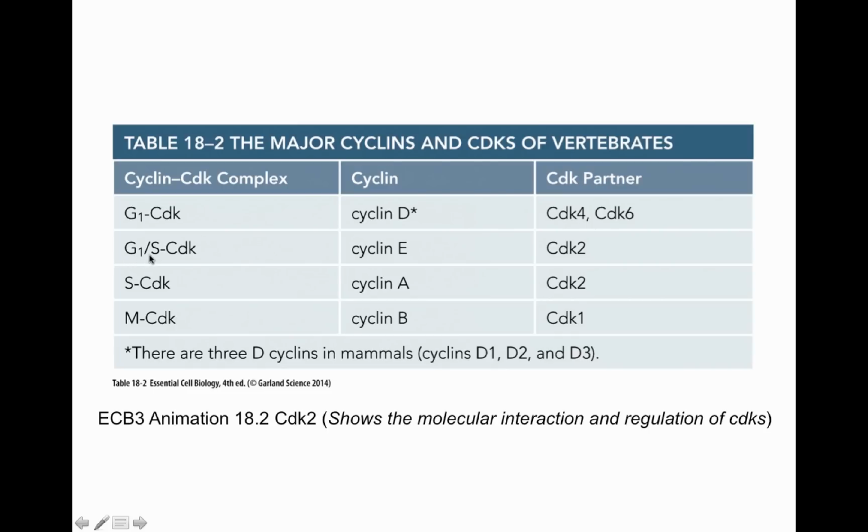The G1/S-CDK is another complex composed of cyclin E as well as CDK2. The S-CDK is composed of cyclin A and CDK2, and the M-CDK, which is required for M phase, is composed of cyclin B and CDK1. So as you see, different CDK partners will bind to different cyclins, generating different cyclin-CDK complexes.